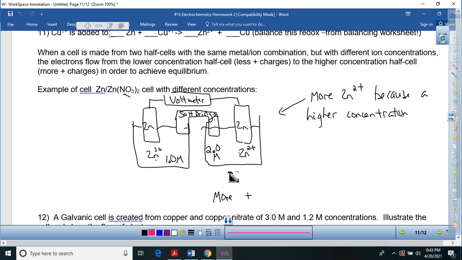They're going to be attracted to all of these positive ions over here. So this will actually force a flow of electrons from a lower concentration side to a higher concentration side. And then just a heads up, it's always 1.0 molar unless indicated.